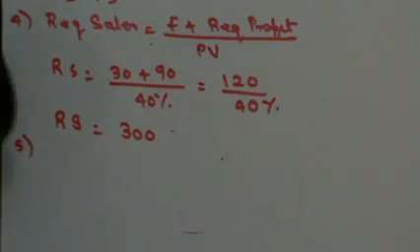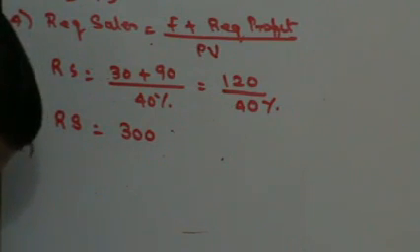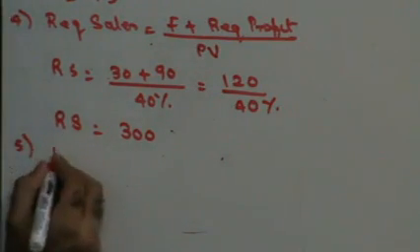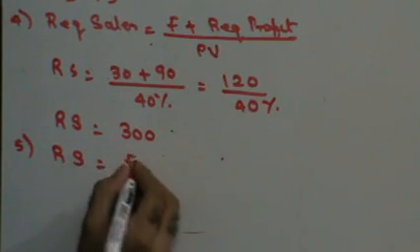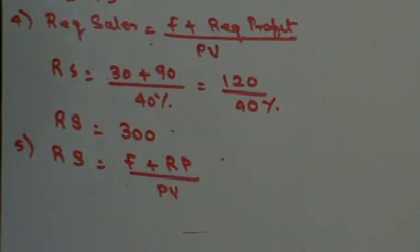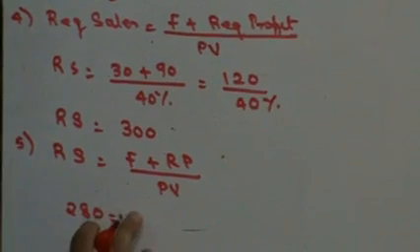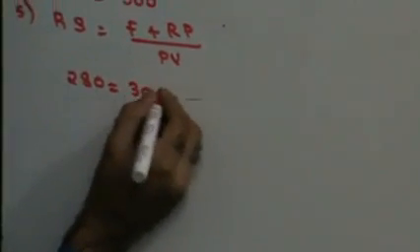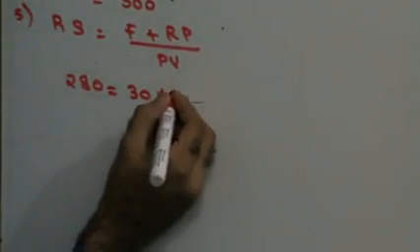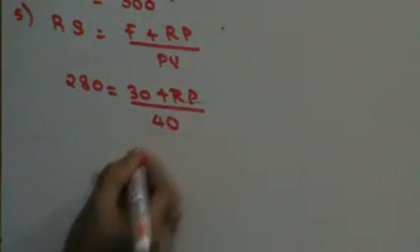Next part of the question. The profit or loss that would arise if the sales were 280. Now again I can use the same formula. Required sales is F plus required profit upon PV. Sales is given to you as 280 lakhs. F is given to you as 30. PV is given to you as 40%.